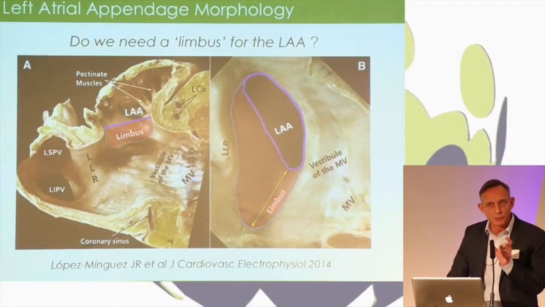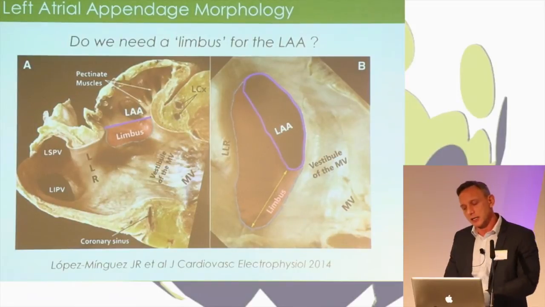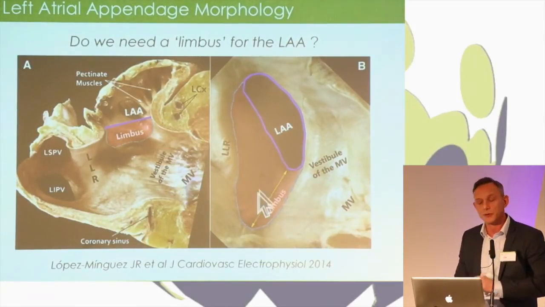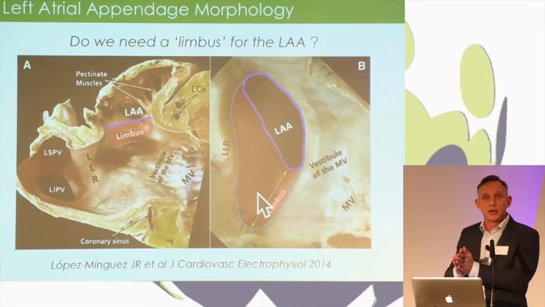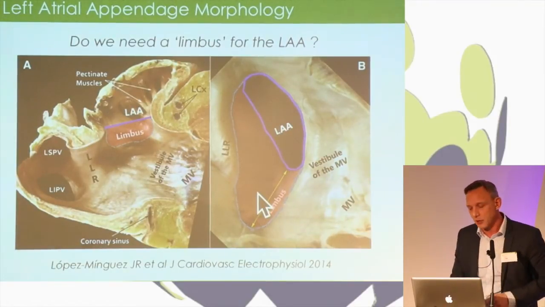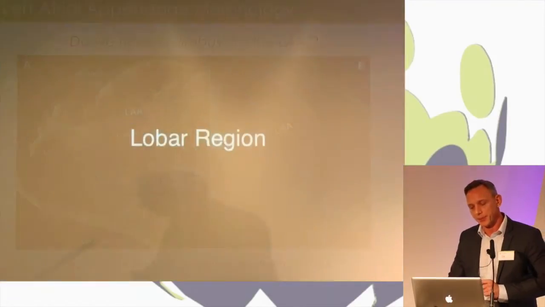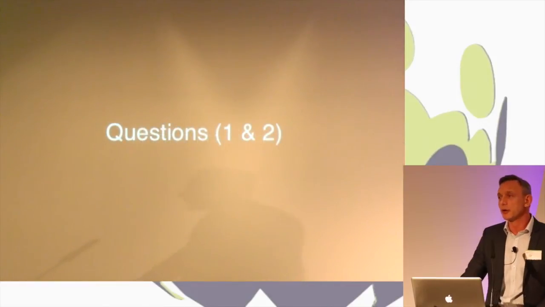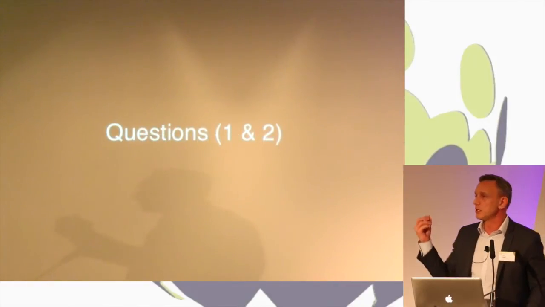I think probably the most important part is the structure of the limbus itself, whether there's a pectinated region of the limbus or not. For the lobar region, let's move to the questions.